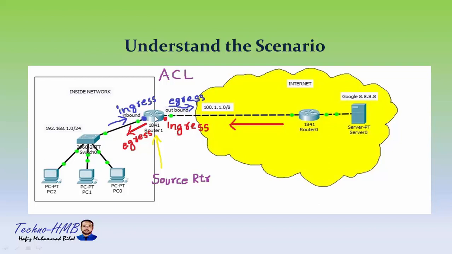When it's being checked in the router and going out of the router towards the inside network, then it's called egress. Keep in mind when we are applying ACLs, it depends on the direction of the traffic, from where it is coming and where it is going. Either it is going outside, or it is coming inside.